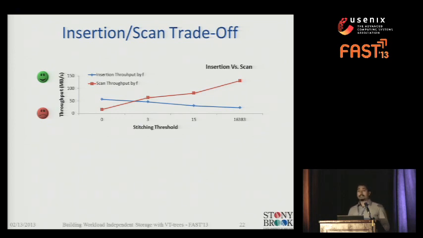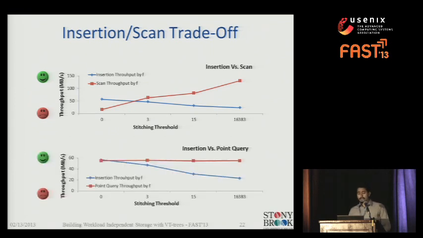You could dynamically configure VTTree to get anywhere in between LSM and LFS for particular workloads. Point query doesn't change much with the stitching threshold, because the Bloom filter, in this case the quotient filter, and secondary index help you avoid all the unnecessary IOs, and you would get almost the random read throughput of SSD.